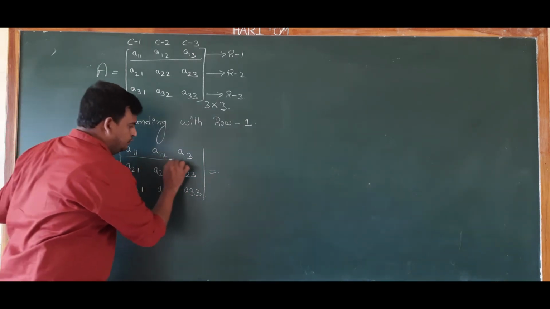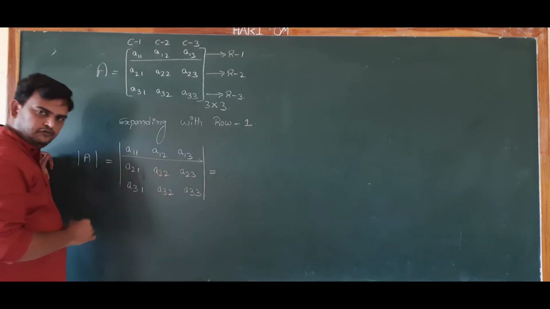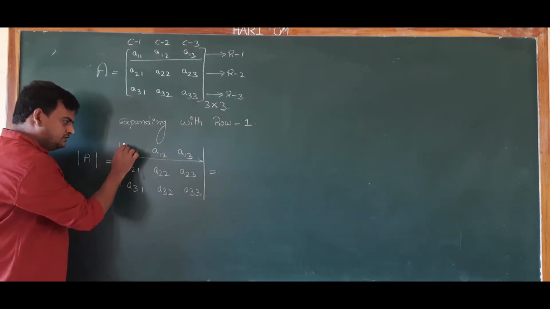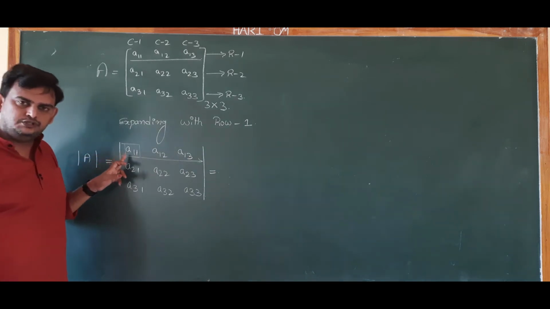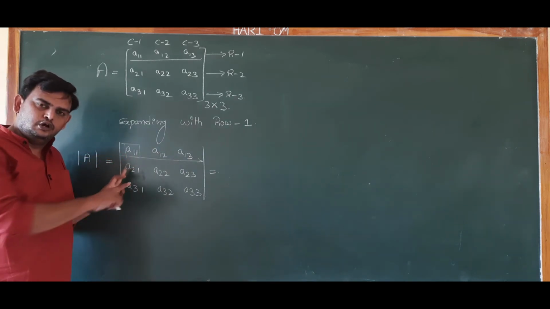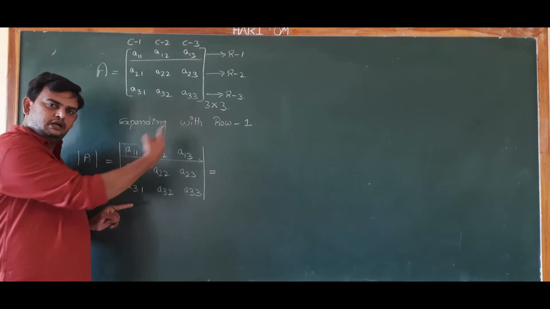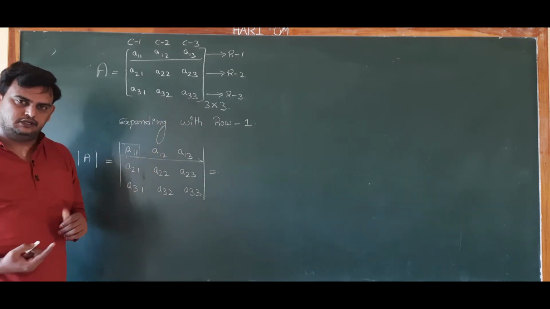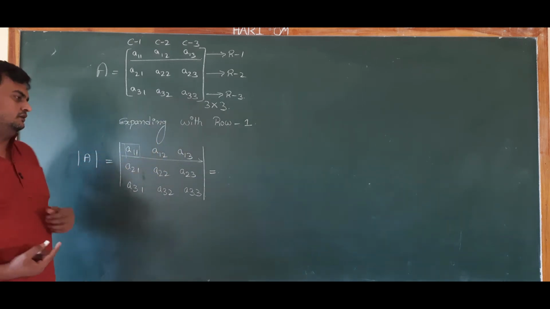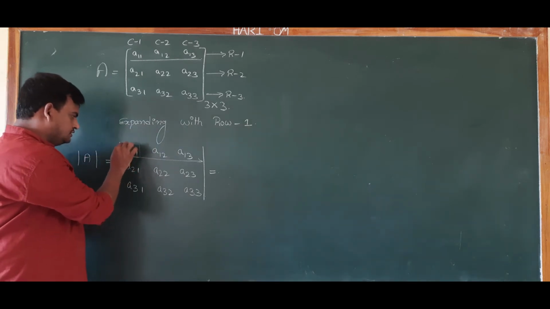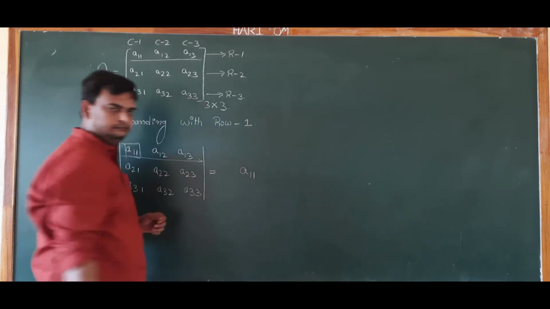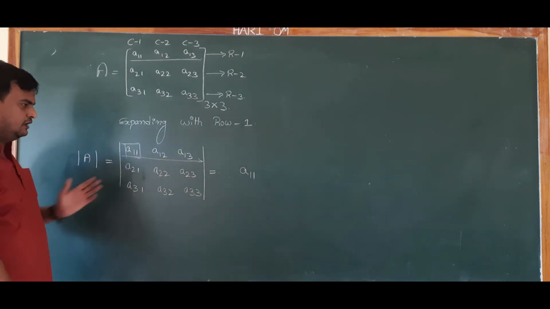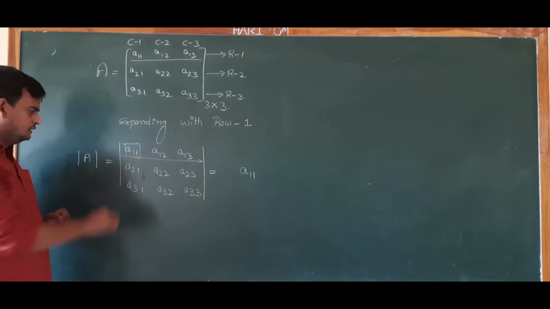As I told you, we are expanding with the support of row 1. In row 1, what is the first element? We have A11. When we choose A11, we convert the 3 by 3 square matrix into a 2 by 2 square matrix.